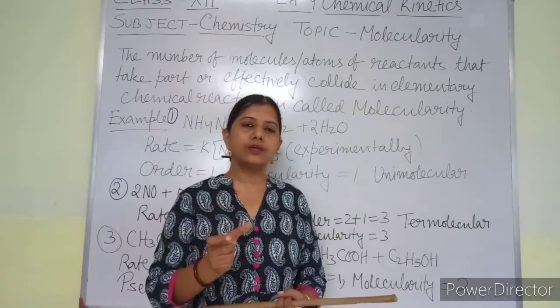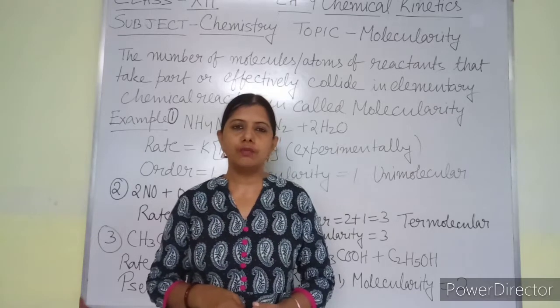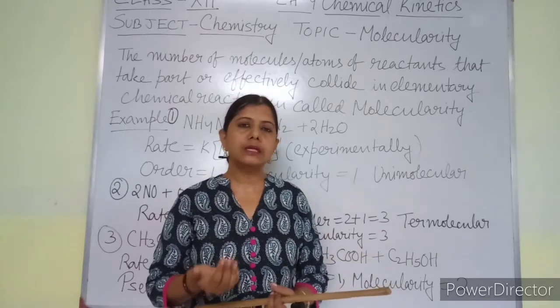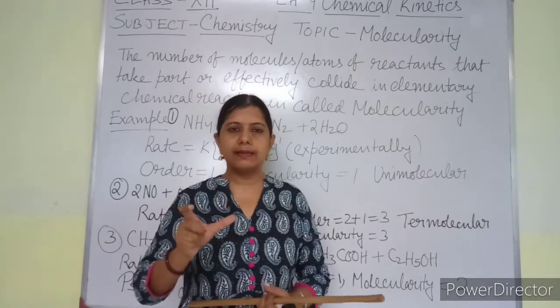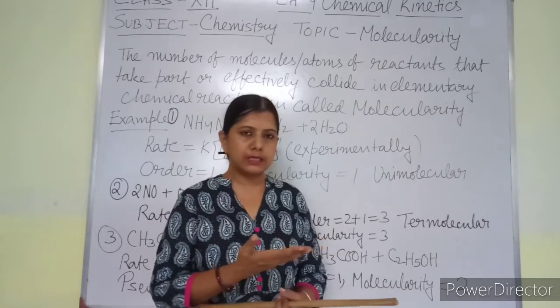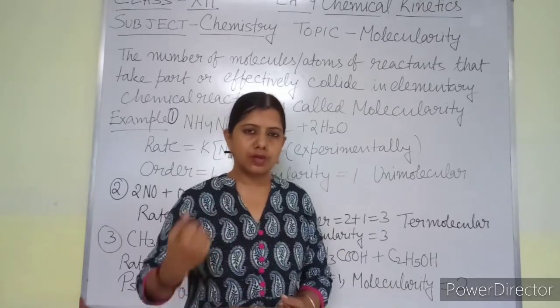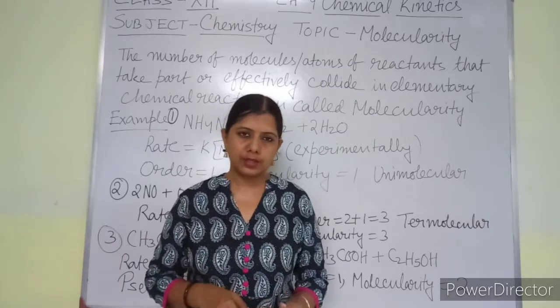So when they collide effectively, then only the product is going to form, and we are going to count the number of molecules or atoms which are colliding effectively. Number of molecules or atoms means in moles, we say number of moles of molecules or atoms, and that is known as molecularity of a reaction.